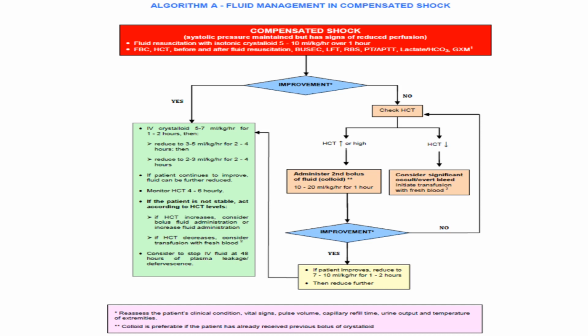So this is an algorithm of fluid management in compensated shock. Compensated is when you don't have any symptoms of the disease, but you are still considered to have it. So this is the fluid resuscitation management that should be given to the dengue patient.